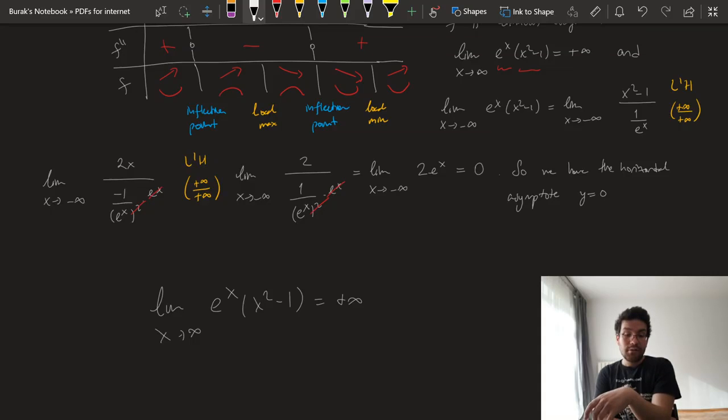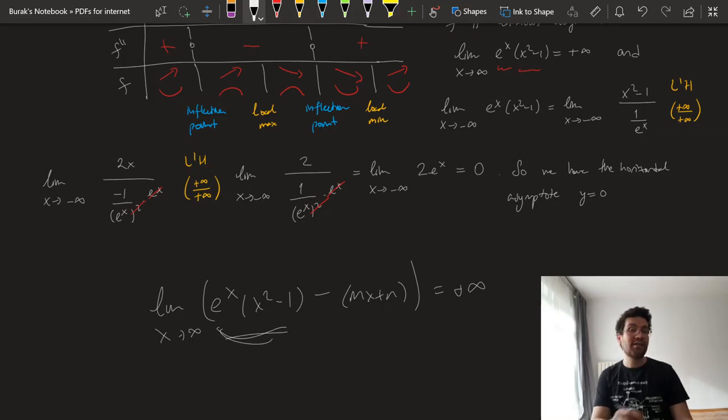Okay, I actually lied. It's not that difficult. The thing is, take any linear function, subtract that from this, and show that no matter what m and n are, this limit is actually positive infinity. This grows way faster than any linear function.